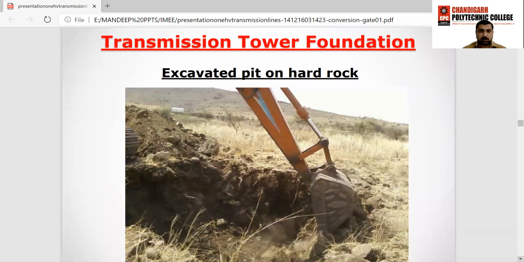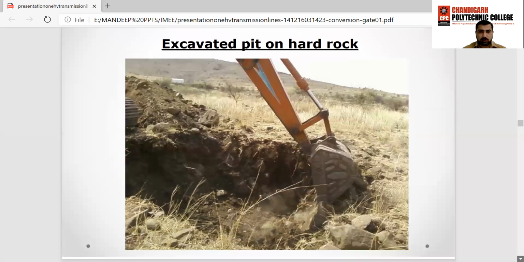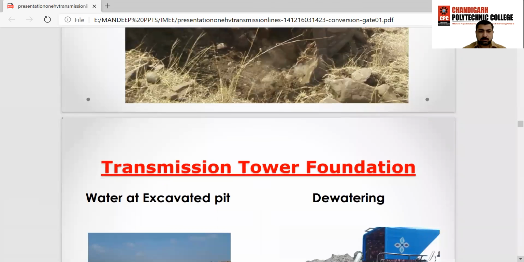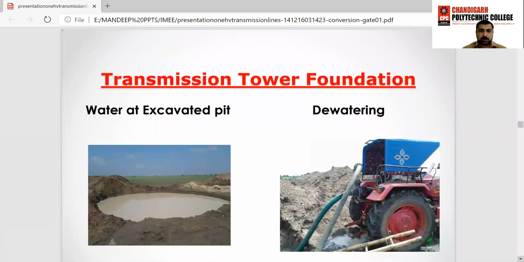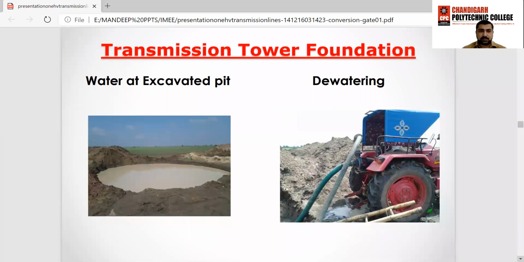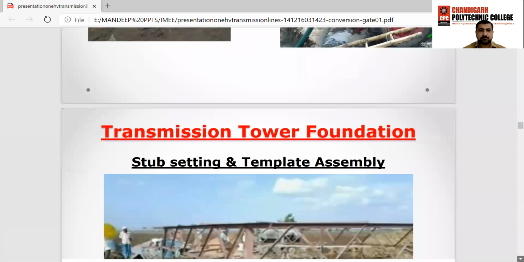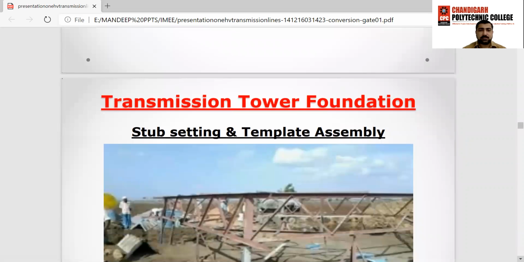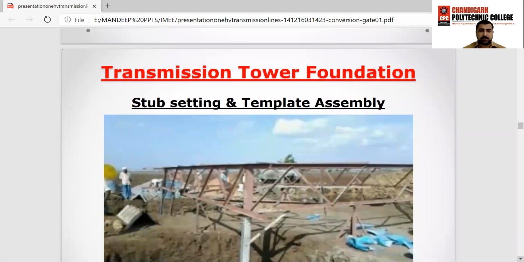Excavation of the pit in hard rocks, and after the excavation, water is added to the excavated pit for softening the soil at that particular area, and after that dewatering takes place.